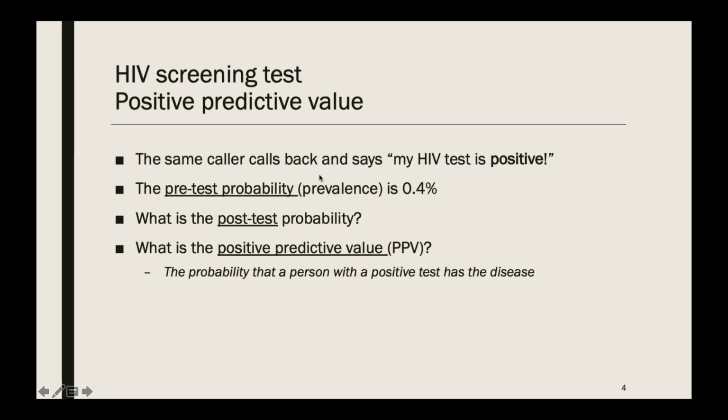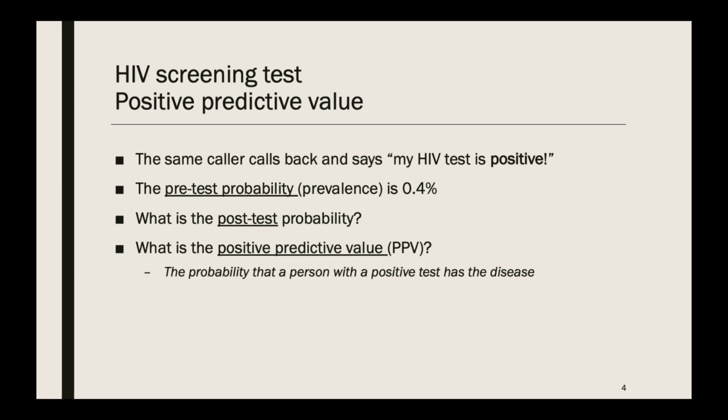The same caller calls back and says, I had an HIV test and it's positive. Again, you know nothing about the patient, or the caller, except that he or she had an HIV positive test. The pre-test probability, that is before you got the results of the test, was, as we just calculated, 0.4%.